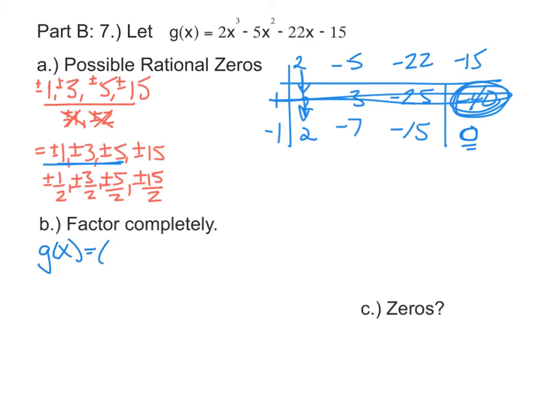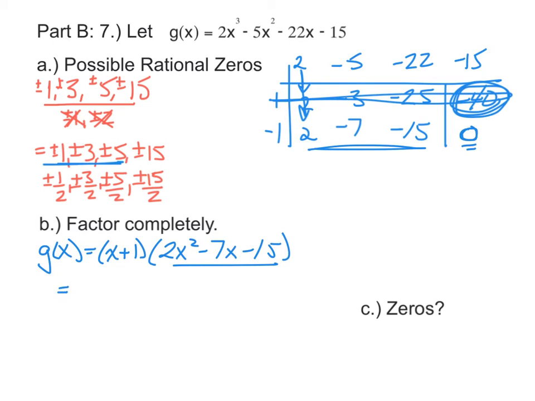If -1 is a 0, x plus 1 is a factor. The other factor is going to come from these three coefficients, 2x squared minus 7x minus 15. And now it's up to us to factor this quadratic by hand.